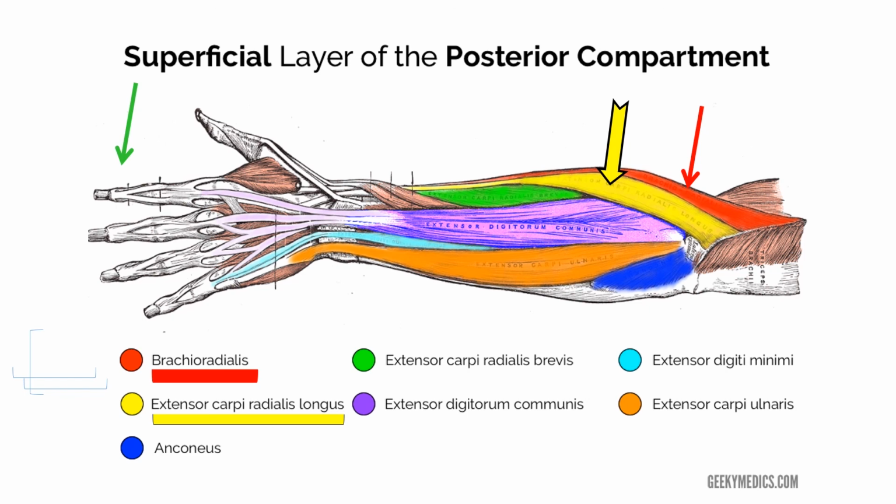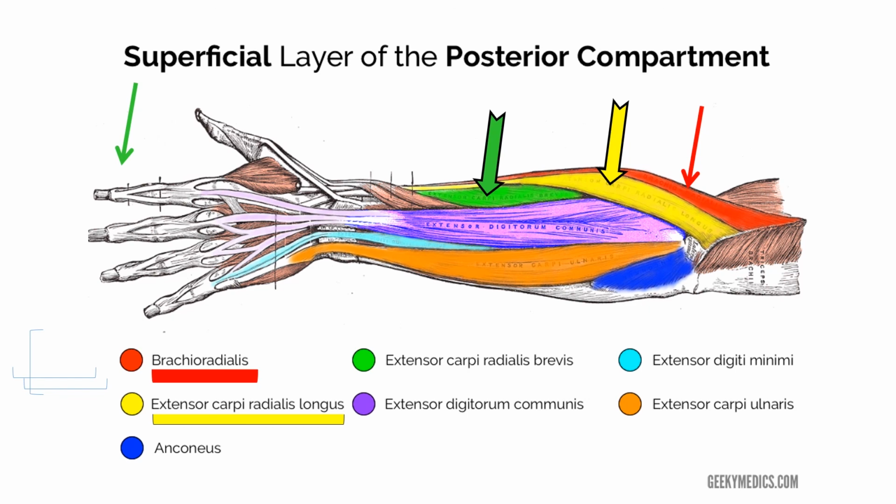Next is the green muscle. The green muscle is the third in sequence, starting from brachioradialis, extensor carpi radialis longus, and this is on the radial side as well. If you don't know which is the radial side, go to the thumb, and the thumb is on the radial side of the forearm.